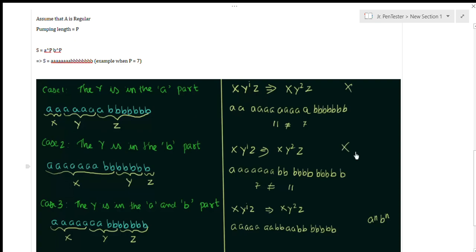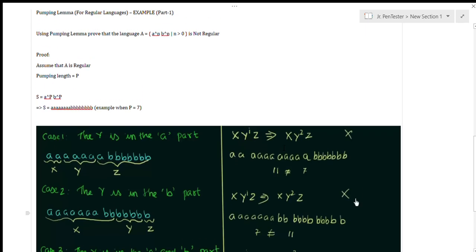How do we get them? We had 4 A's here, we applied power 2, we got 8 A's in the Y part, and in total we got 11 A's and 7 B's.